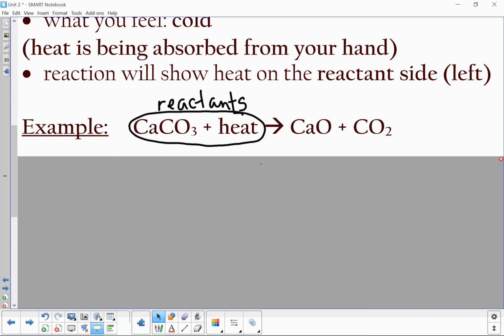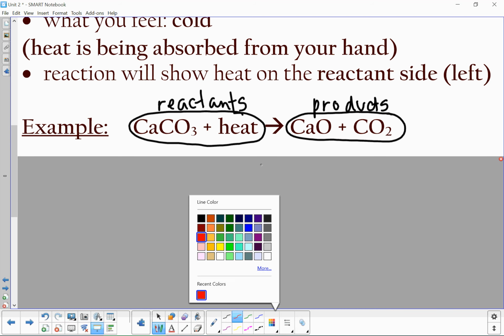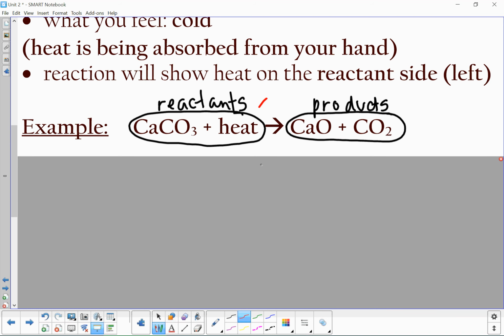And so CaCO3 plus heat makes CaO plus CO2. And so these things are the products. Since we have found that heat is on the reactant side right here, that means that this reaction is endothermic.